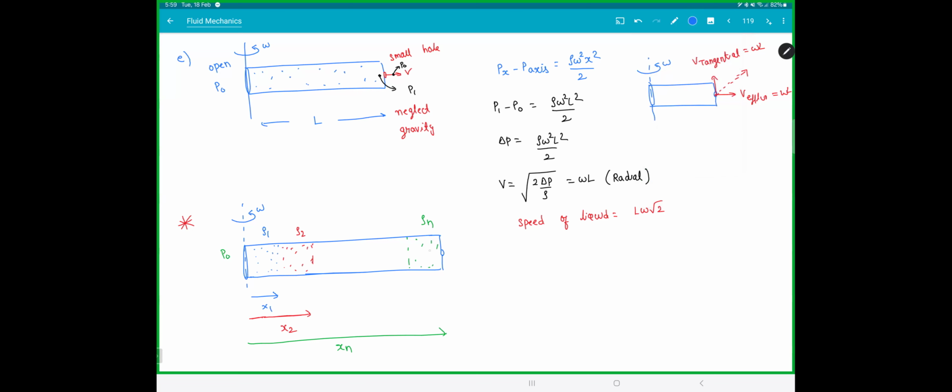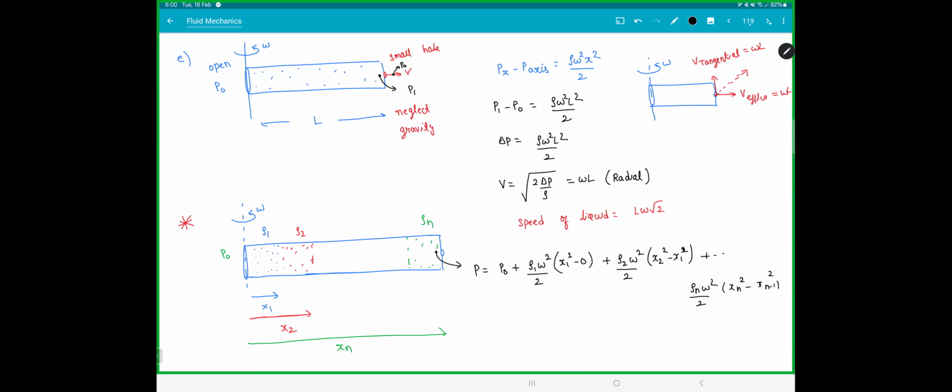So here, if you try to find the pressure difference, this will be P naught plus rho 1 omega square by 2 times x1 square minus 0 square, plus rho 2 omega square by 2 times x2 square minus x1 square, so on, rho n omega square by 2 times xn square minus xn minus 1 square.